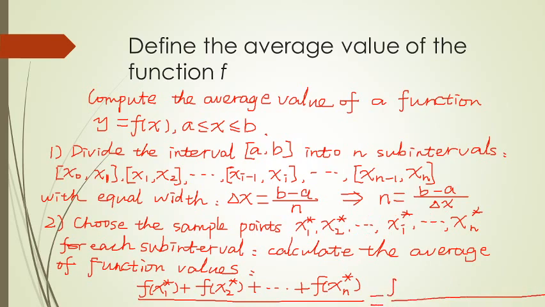I can rewrite as f(x1*) plus f(x2*) plus f(xn*) over (b minus a) over delta x, right?